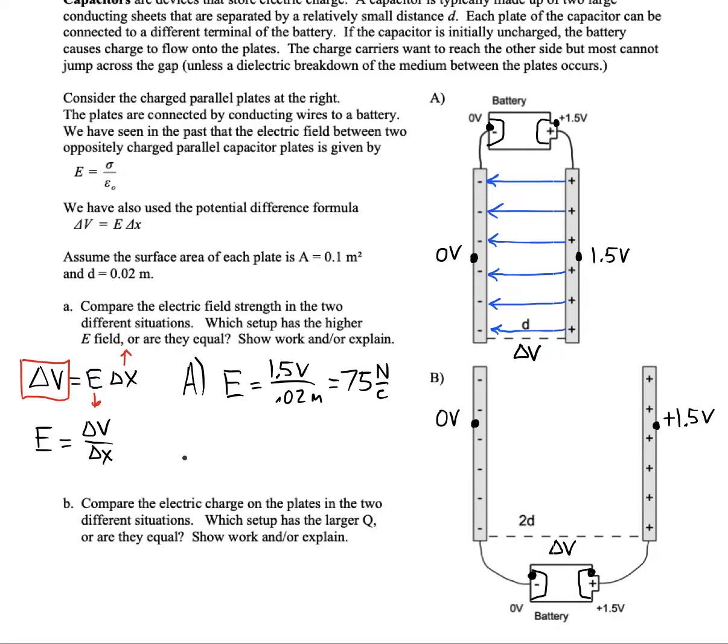Okay. For setup B, we have the same potential difference, larger spacing, and E is 37.5 newtons per coulomb.